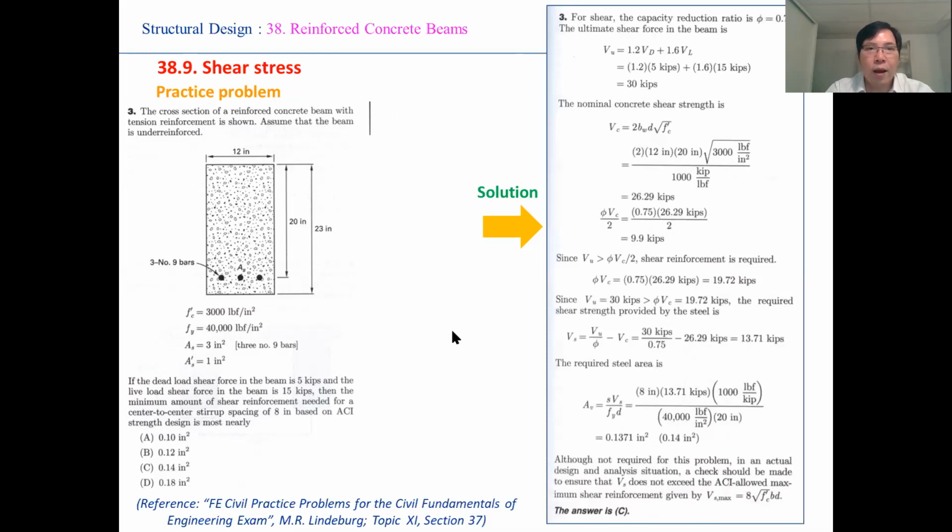So I show you on the right of this slide the solution. Firstly, you can calculate the ultimate shear force in the beam value by this equation. And after that, you can calculate the nominal concrete shear strength Vc by this equation.